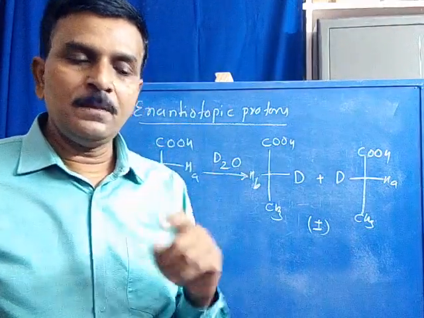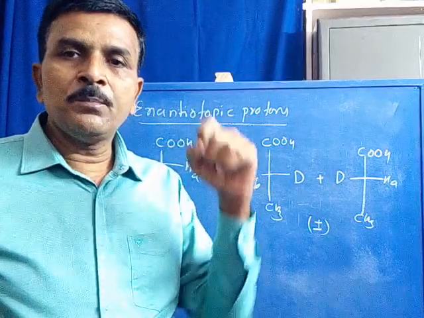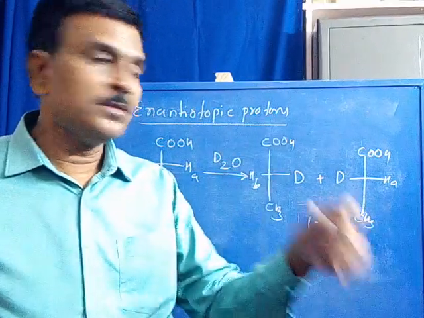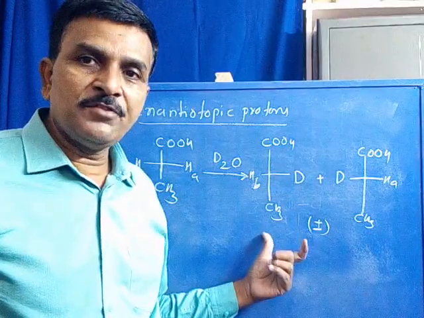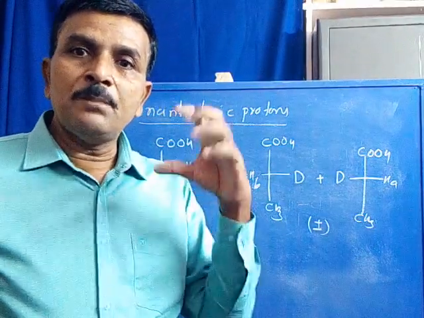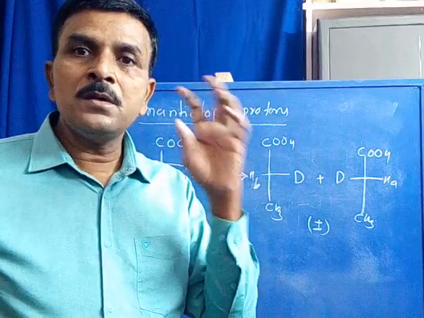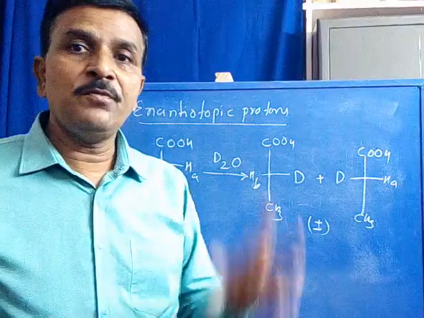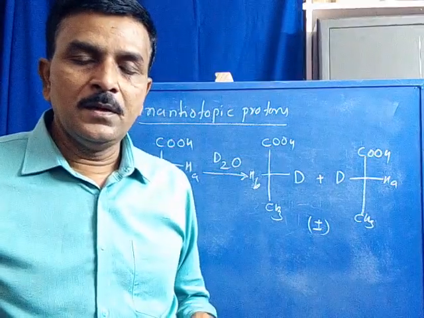However, the enantiotopic protons present in different isomers, say HB in the first isomer, HA in the second isomer, absorb energy at the same frequency, therefore appear with one signal. Are you following?